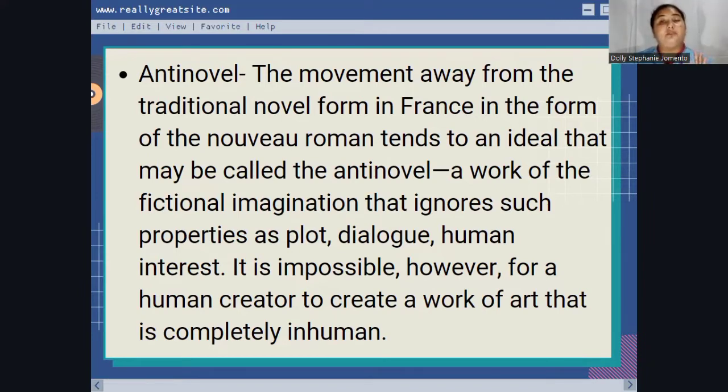It is impossible, however, for a human creator to create a work of art that is completely inhuman. The anti-novel usually fragments and distorts the experience of its characters, presenting events outside of chronological order and attempting to disrupt the idea of characters with unified and stable personalities.